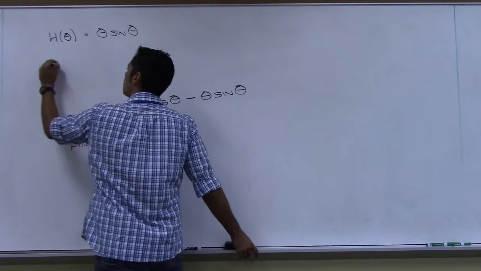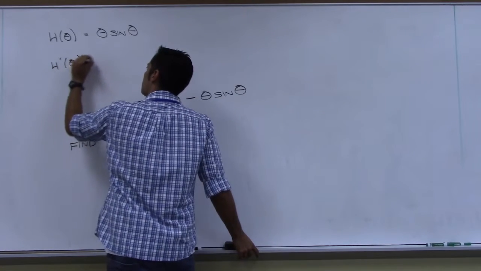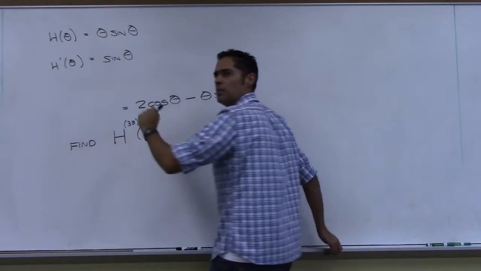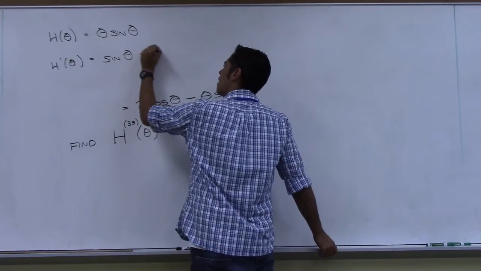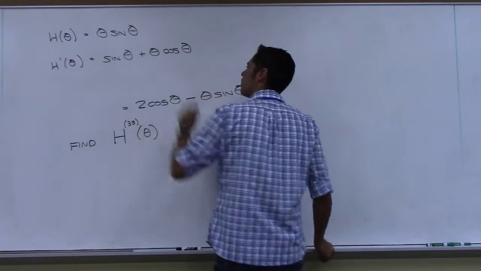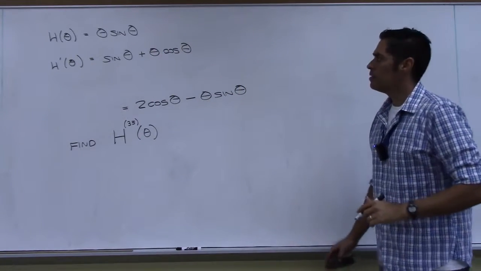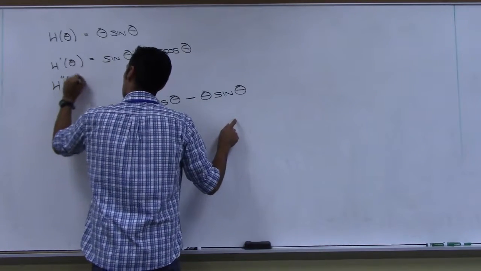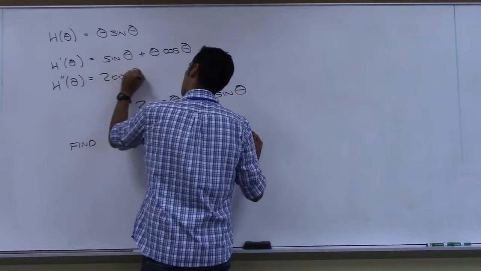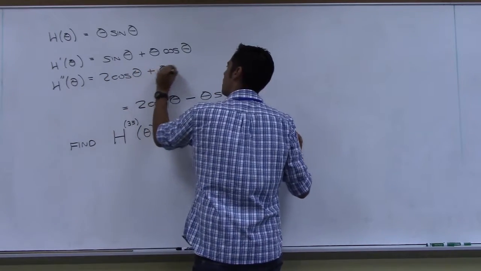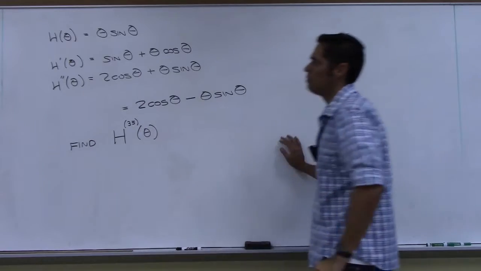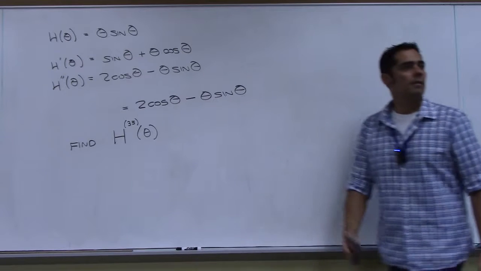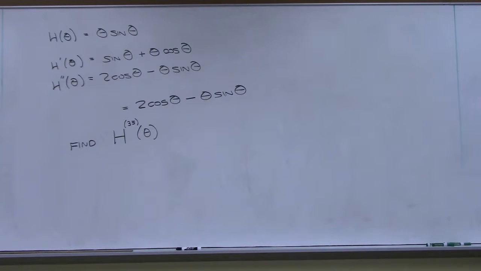The first derivative turned out to be sine theta plus theta cosine theta. Right? The second derivative, which we had written down, is 2 cosine theta minus theta sine theta. Oh, minus, thank you.